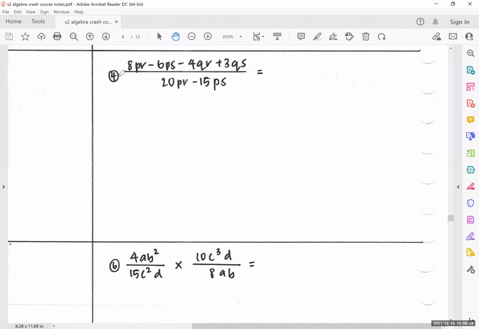How come you know? Because, can you see, guys, over here got so many minus, minus, plus, and minus. There is no way I can cancel them, right? So the only way is to factorize this whole thing. And if you have been doing my worksheet, you know that this is a four-term factorization. Excellent.